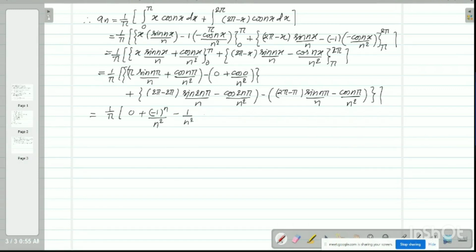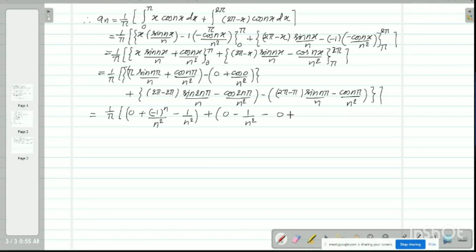This is your first term. And plus 2 pi minus pi, this will be 0. And minus cos 2n pi is 1, so this becomes 1 upon n square. And 2 pi minus pi is pi, but sine n pi is 0, so this will be 0.